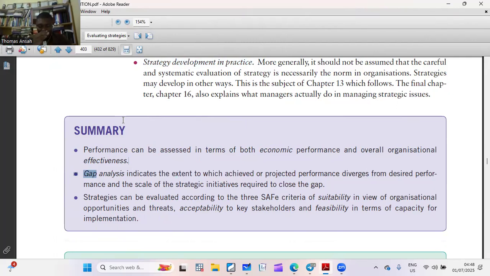Before you do financial, economic, then organization, where we use the Balanced Scorecard, and all those things that we've talked about. Then you assess your gap, you know what you now need. Then you analyze your option in the SAF evaluation model. So basically, that is what we have gone through now.